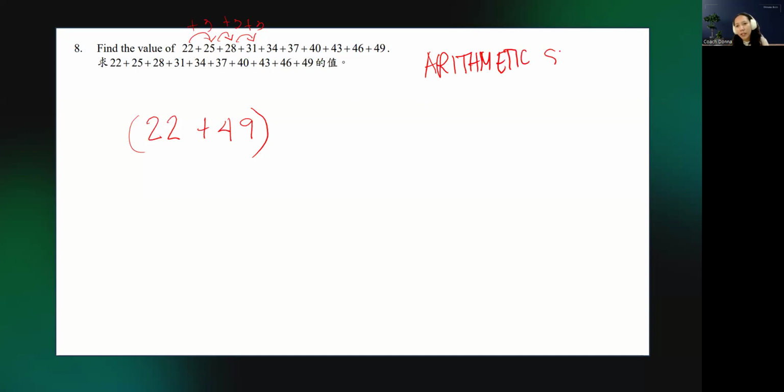Arithmetic sequence. If it's an arithmetic sequence, we can actually have a shortcut instead of adding them one by one, right?